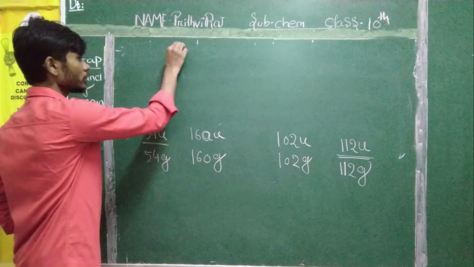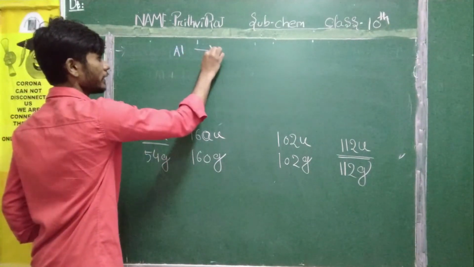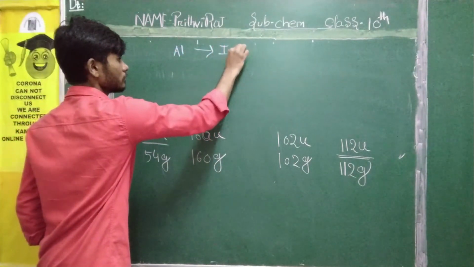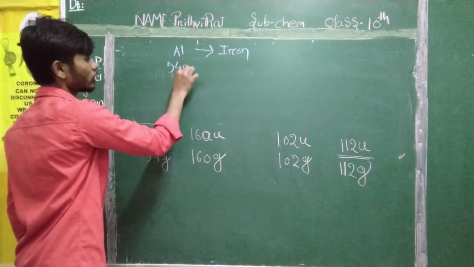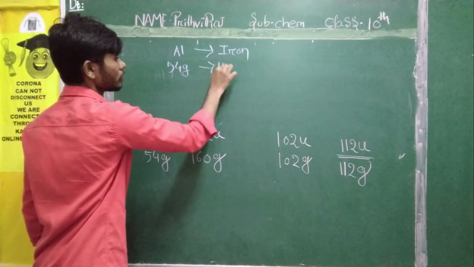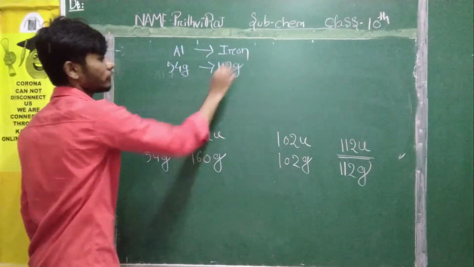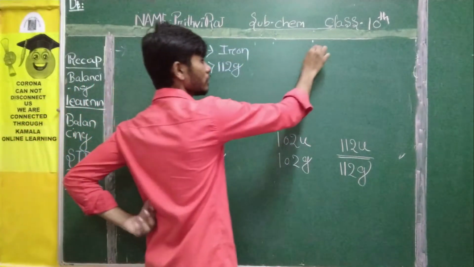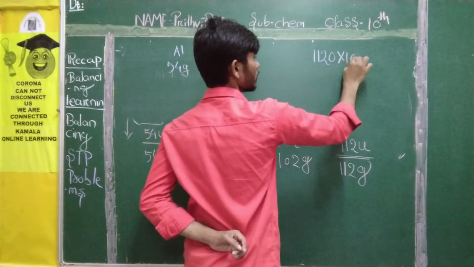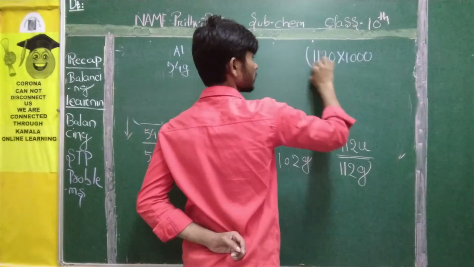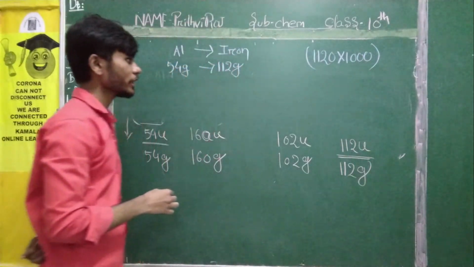Students, here we are discussing aluminium and iron. Here 54 grams of aluminium will give you 112 gram of iron. How much do you need? 1120 into 1000 grams.